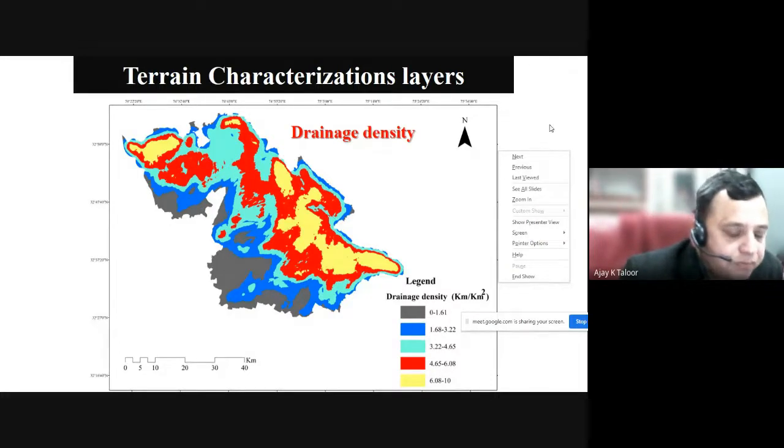High infiltration takes place in the planar area, or you can say the low-lying area, which has flat land and very low slope, so drainage density is low there and infiltration is high. Next, please.